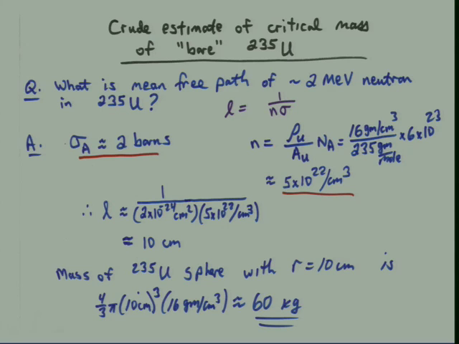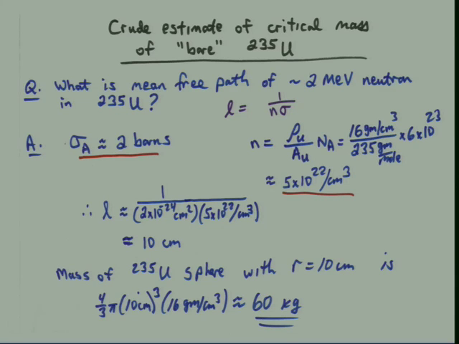I can't do square roots like that in my head, so I'm going to say that's 40 times 10 to the minus 4. The square root of 40 is about 6, so v over c is about 6 times 10 to the minus 2. And we want to go 10 centimeters. c, which I would give you on an exam sheet, of course, is something like 3 times 10 to the 10th centimeters per second.